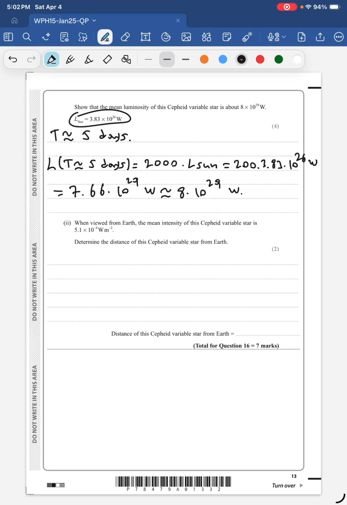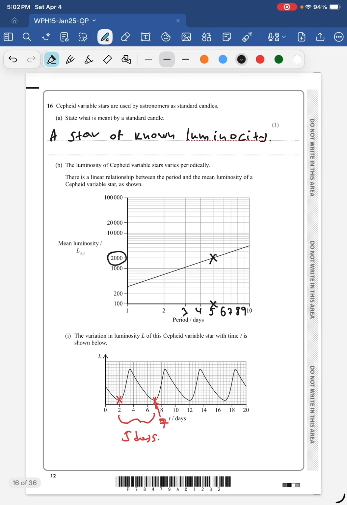Arguably, if you use 5.2 days, maybe you will get closer to 8, but this is good enough. I hope the method is the most important, right? We find the period from the luminosity versus time graph for Cepheids.